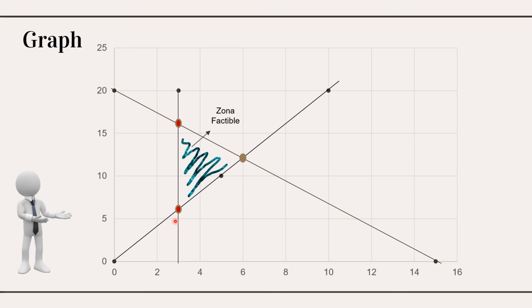This area will help us to have the maximum performance. We will take into account the following points: the point 3 and 16, the point 6 and 12, the point 3 and 6.